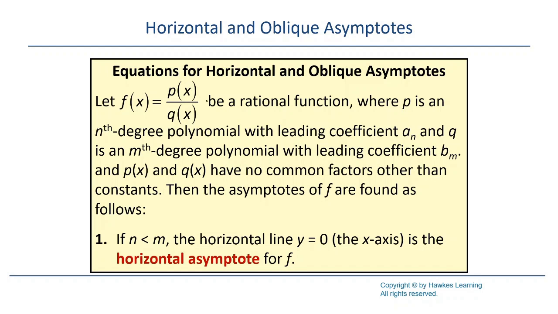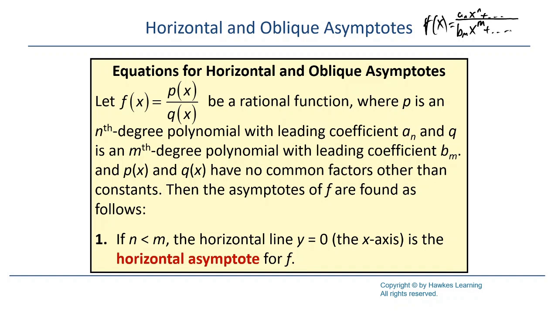If you think of your polynomials this way, f of x is going to equal a sub n times x to the n plus stuff, divided by b sub m times x to the m plus stuff.